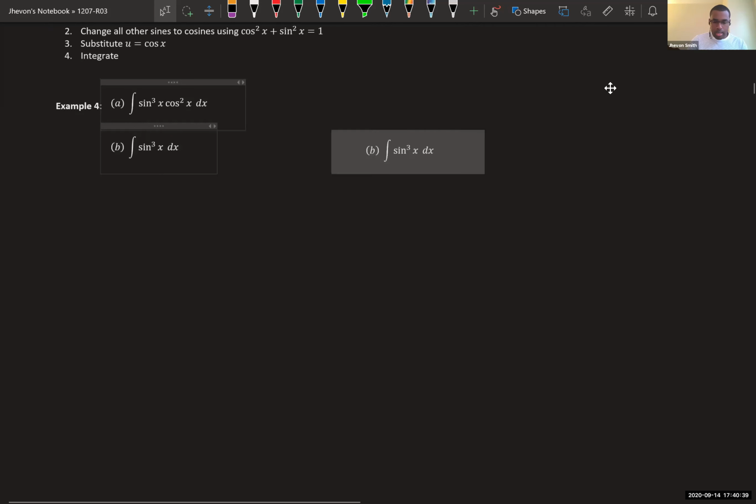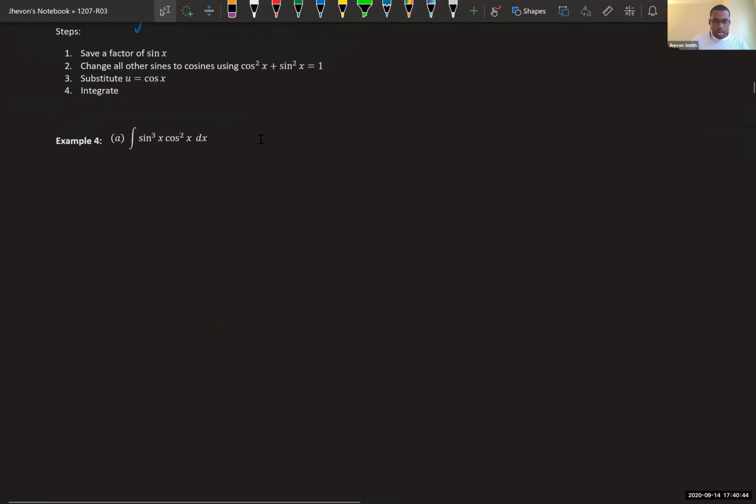So A and B, let's move B to the side for now. Okay, so let me do A and you guys can try B. So I realize here that the power of sine is odd while the power of cosine is even. So what I'm going to do is save a factor of sine.